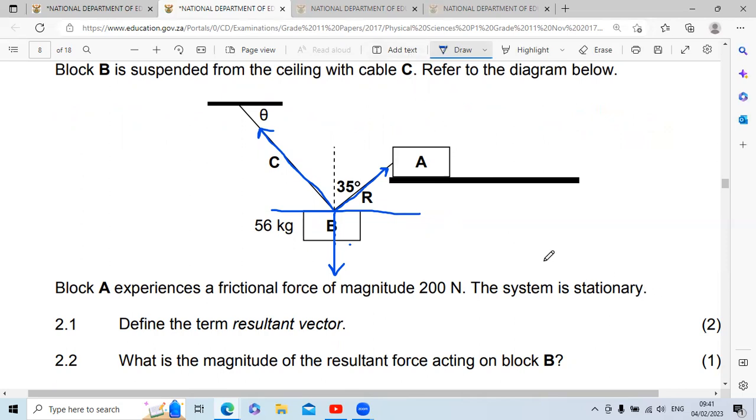Okay. So then they say that block A experiences a frictional force of 200 newtons, and the system is stationary, so the system is not moving. So this vector here is going to have a force of 200 newtons. Now, since we have a force and we have a mass, what do you think we're going to have to do in order to convert this mass into a force, when we know that there's gravity acting on it?